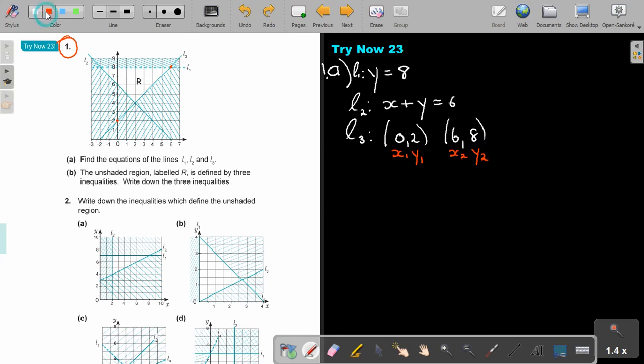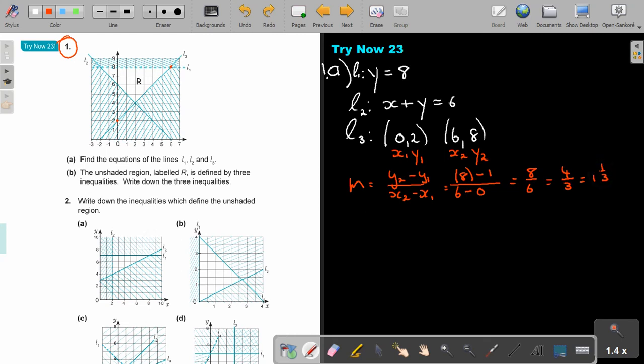So I will quickly find the gradient. It will be y2 minus y1 over x2 minus x1. In the place of y2, it's 8 minus 1 over 6 minus 0, and that will be 8 over 6, so it will be 4 over 3, or 1 1/3.